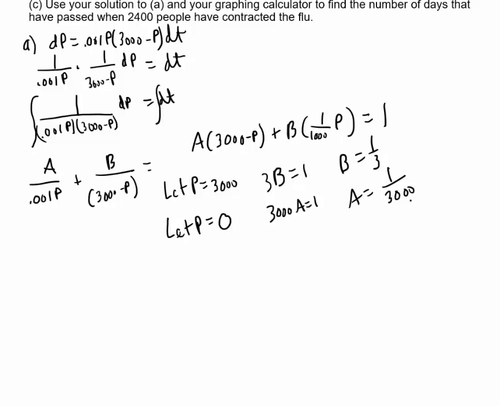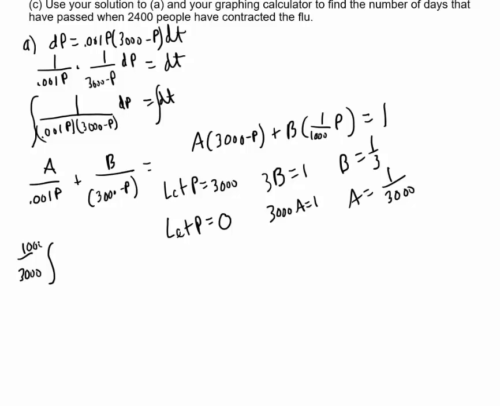Okay. So the A, which is 1 over 3,000, goes with this one. So I'm going to put that 1 over 3,000 out front, and then I'm going to integrate. Let's go ahead and write this as 1 over 1,000, which I can pull out front, and then the P is going to be 1 over 1,000 on the bottom, which will flip to 1,000 on the top, which I can pull out here.